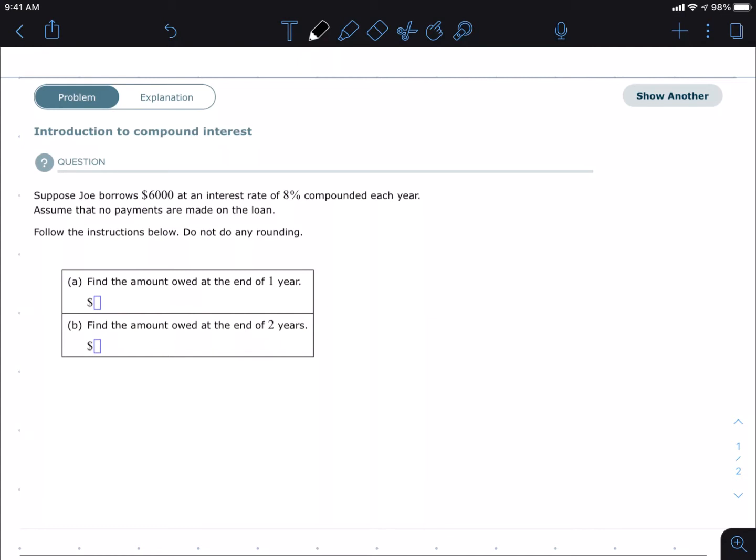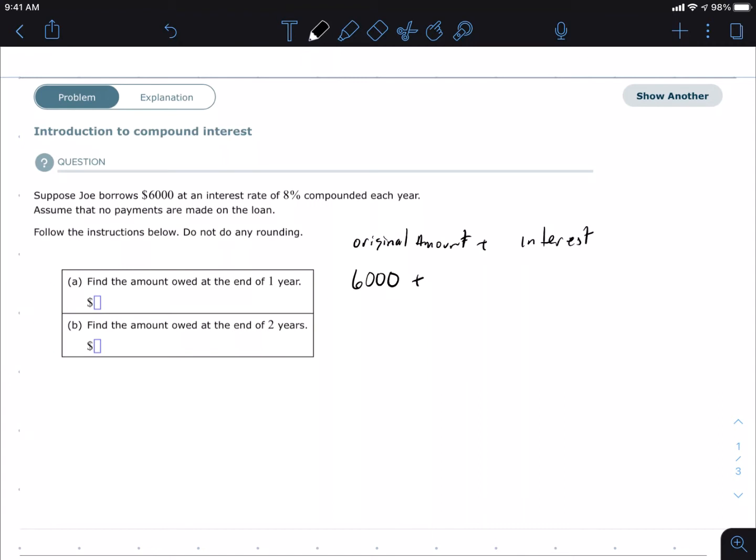Okay, so it says, find the amount owed at the end of the first year. So we know he's going to owe $6,000 because he made no payments, right? Plus he's going to owe the interest.